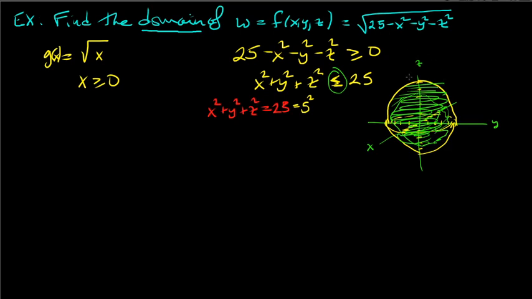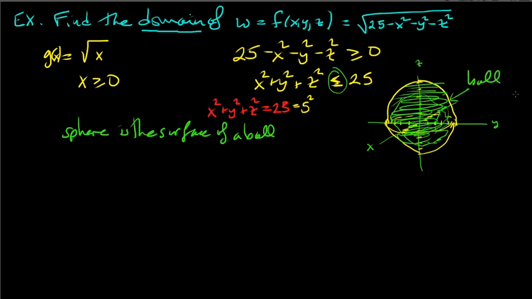So again, I mentioned this very early on, that the sphere is the surface of a ball. So everything inside the sphere, the three-dimensional part, is the ball. And the sphere is just the outer layer of it, the surface. So the yellow is the sphere, and what's inside is the ball.